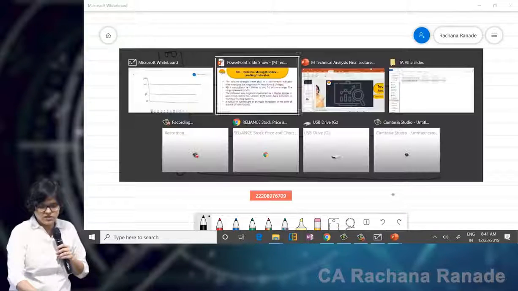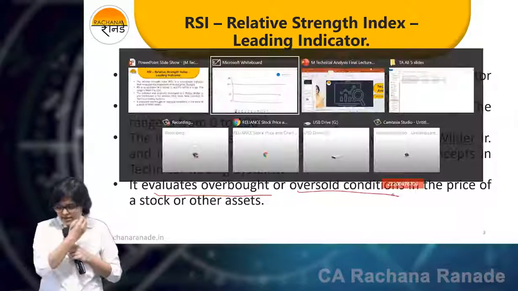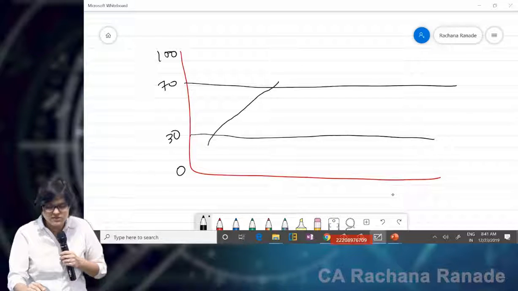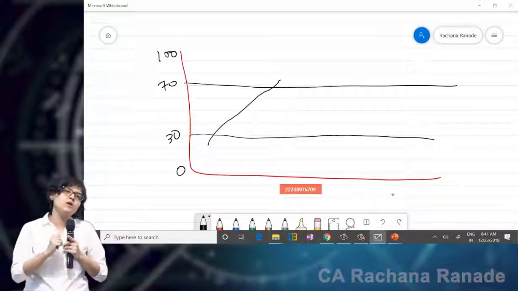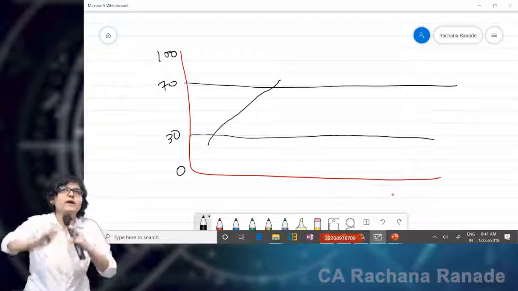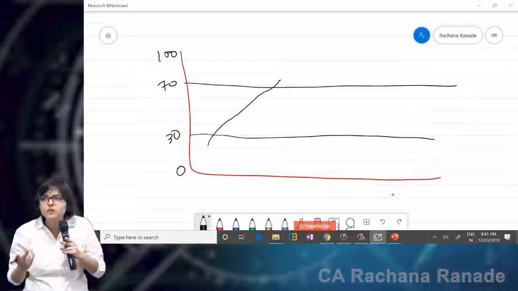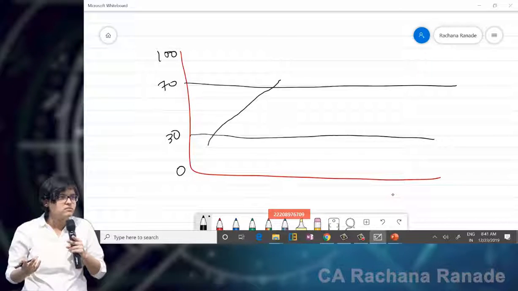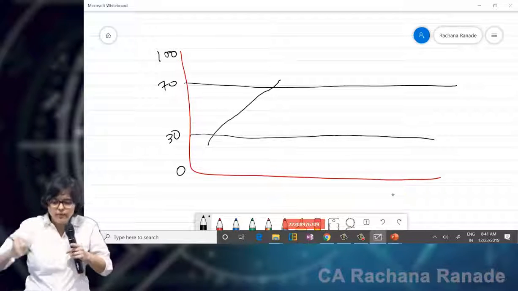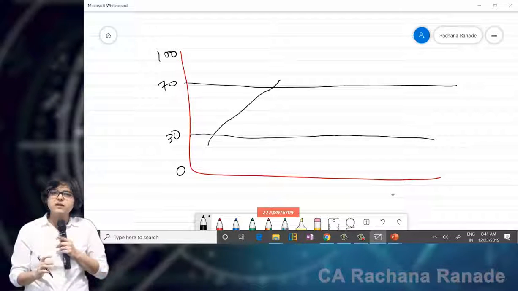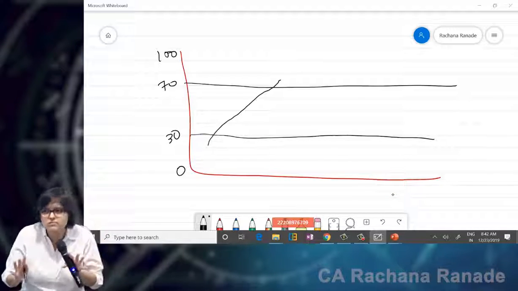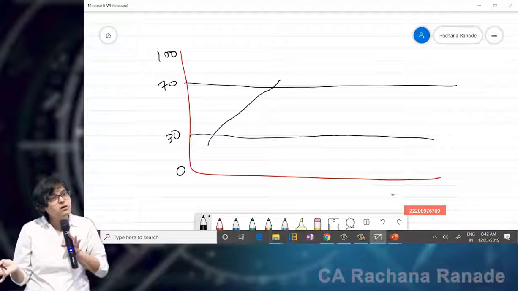And what Mr. Wilder said is that whenever RSI is crossing 70, it means the strength is already there. It was already going at a very high speed, but how much higher can it go? It's exhausting. It can't go up and up and up. So the moment it crosses 70, it has already lost its sheen. It is tired now and it will show a correction.